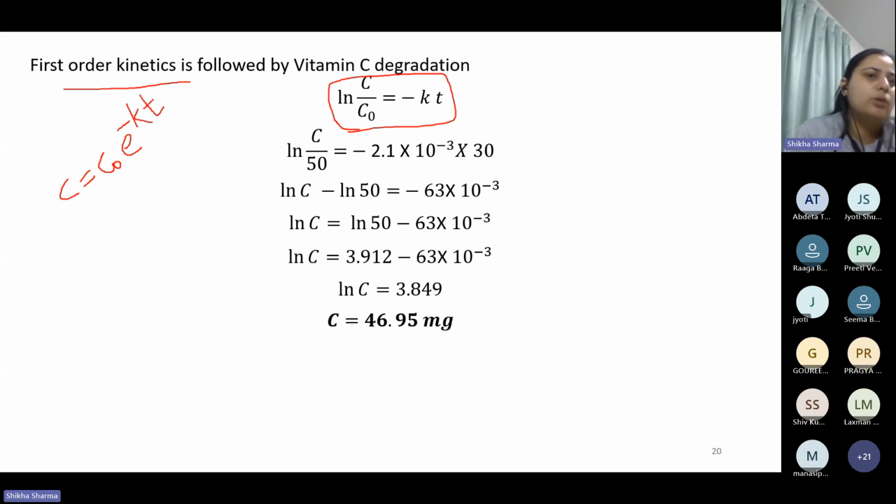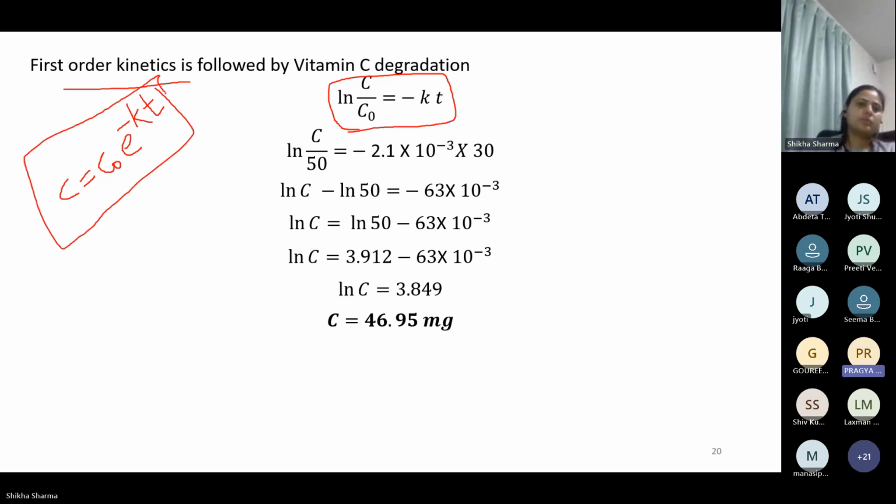So can we apply this formula for first order reactions? I'm asking you guys. Yes, ma'am. Yes, right, we can apply.